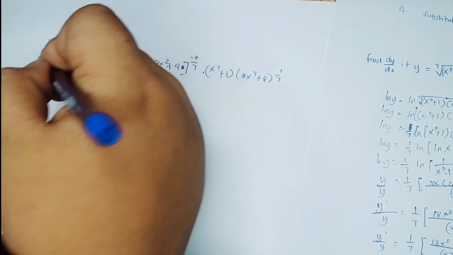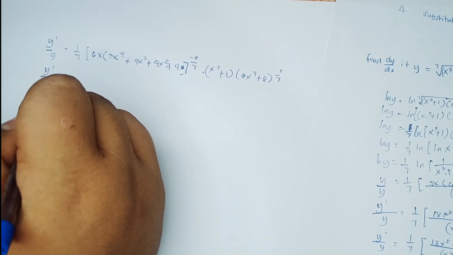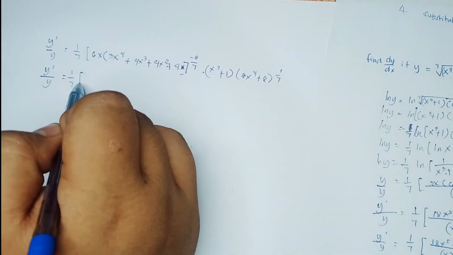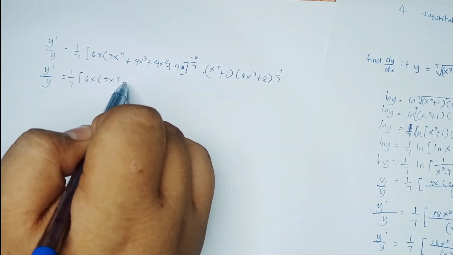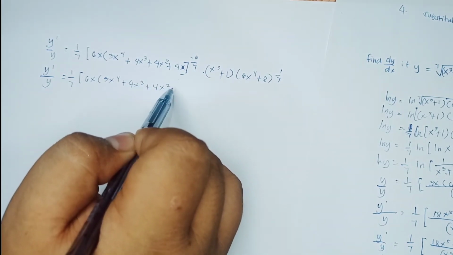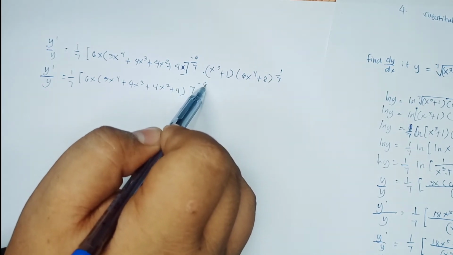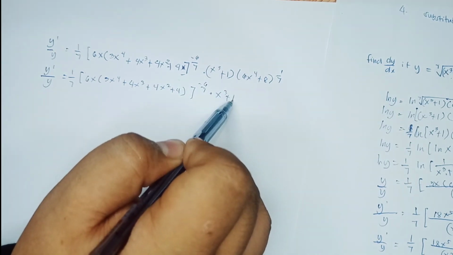Next, y prime over y is equal to 1 over 7 times 6x times 3x to the 4 plus 4x cubed plus 4x squared plus 4, raised to negative 6 over 7, multiplied to x cubed plus 1.